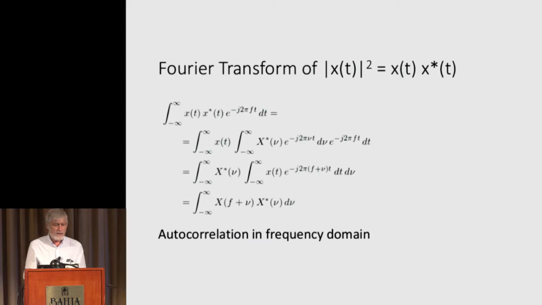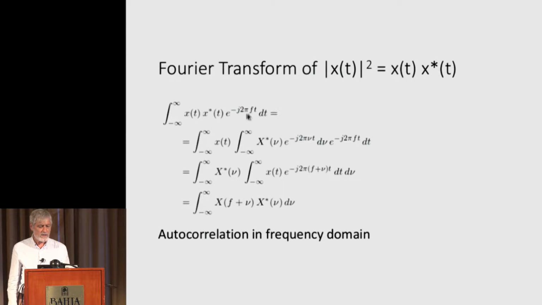Okay, now, if you take a look at the Fourier transform of a magnitude squared signal in the time domain, then you can actually convert that, and I'll show it quickly here. You can convert that product of the signal times its complex conjugate into a Fourier transform.